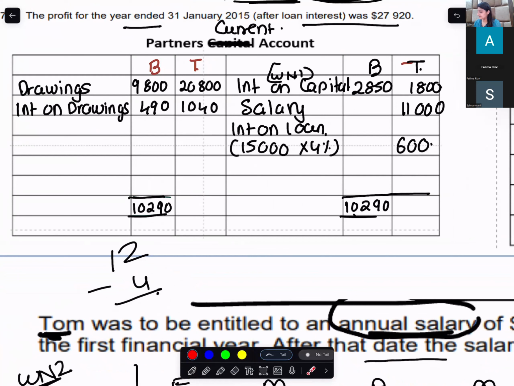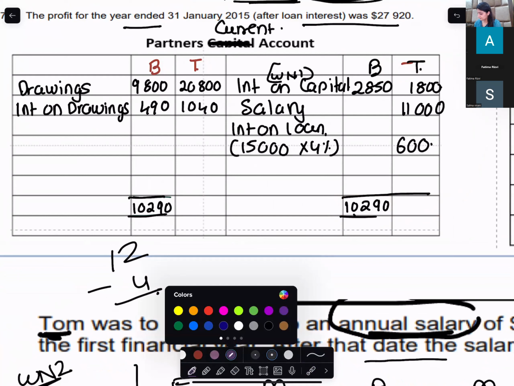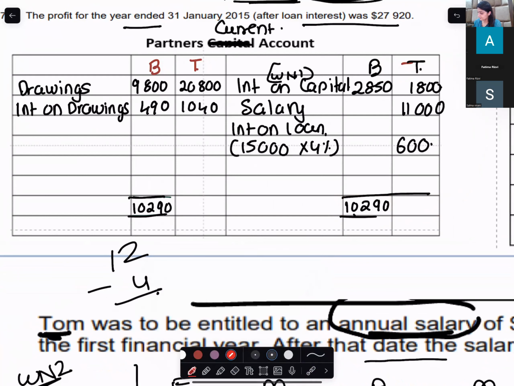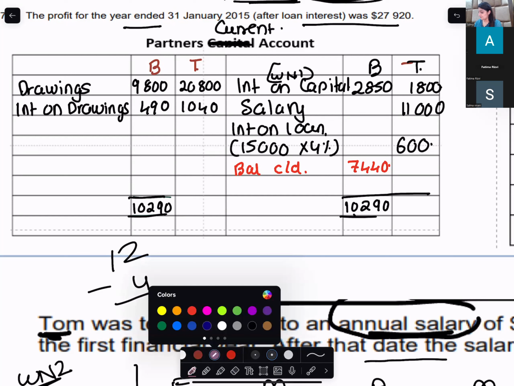From the debit, you will subtract 2,850. What you will get is the closing balance. How much? 7,440.